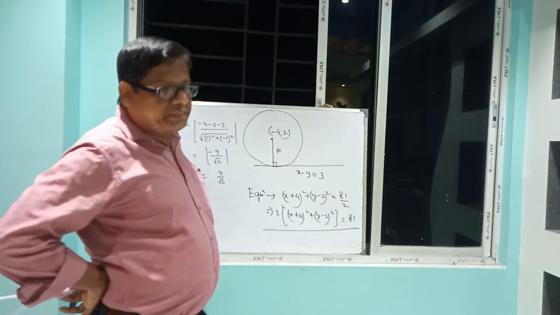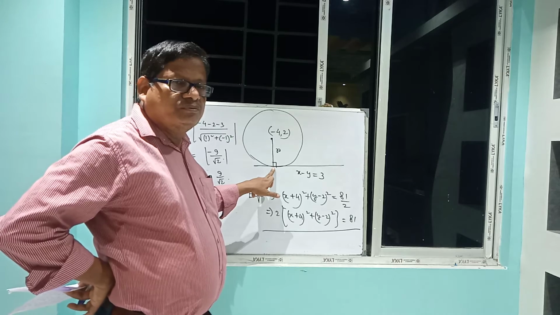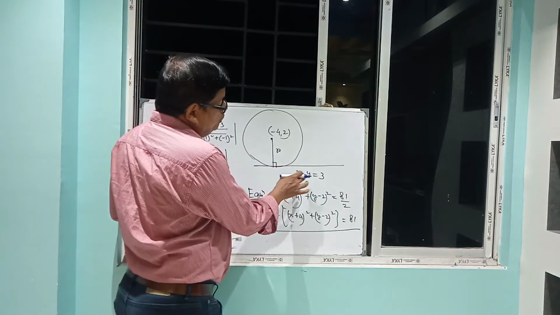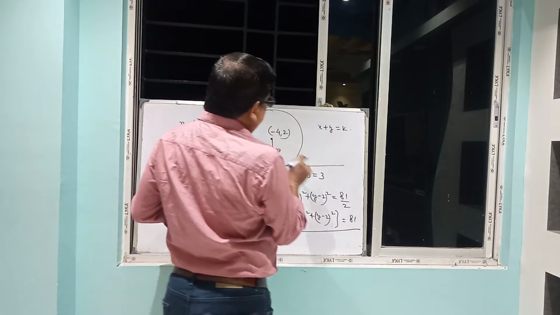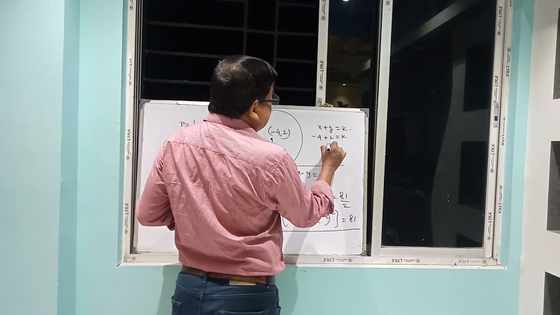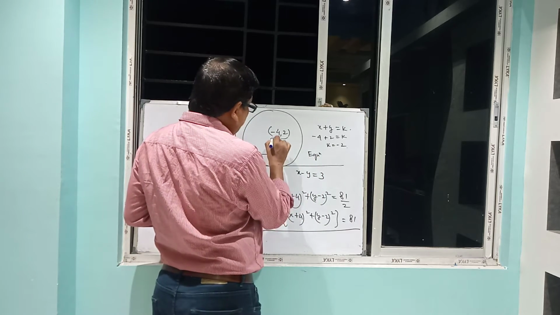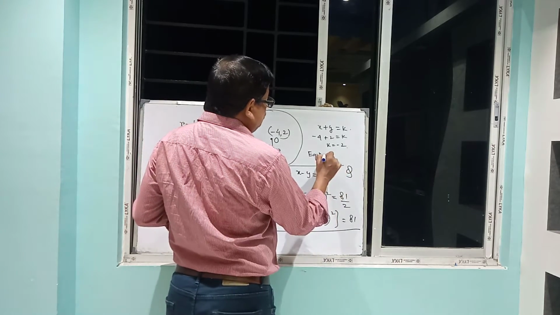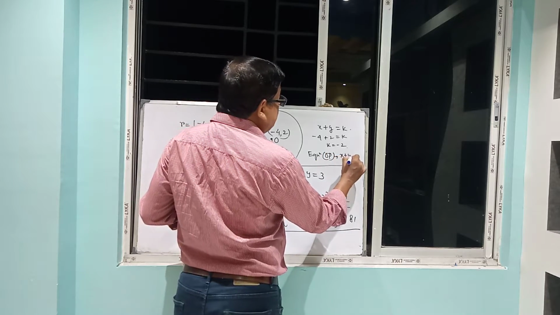If you have to find the point of contact, how to do it? This perpendicular line, it is perpendicular, so its equation will be x plus y equals a constant k, and it passes through the point minus 4, 2. That is minus 4 plus 2 equal to k, so k equal to minus 2. Suppose the center is O, this is P, this is Q, so find the equation of OP: x plus y equal to minus 2.